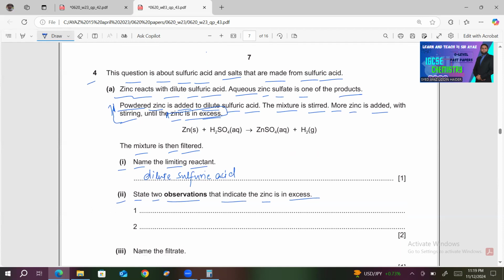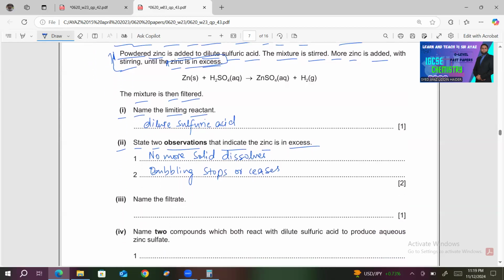So first of all, you write no more solid dissolves. And the next point must be bubbling stops, or even you can write ceases. Ceases and stop have the same meaning.